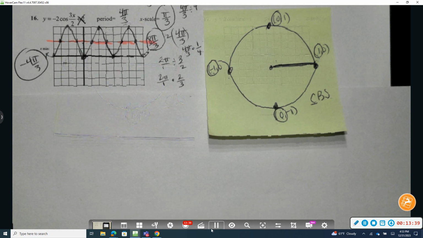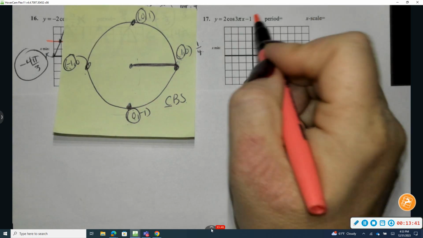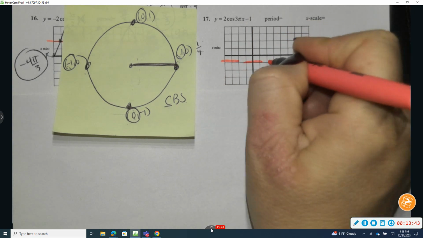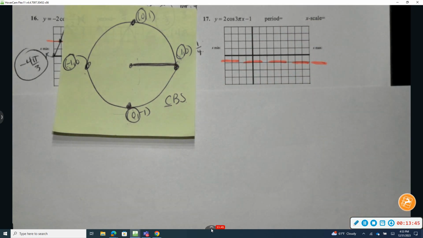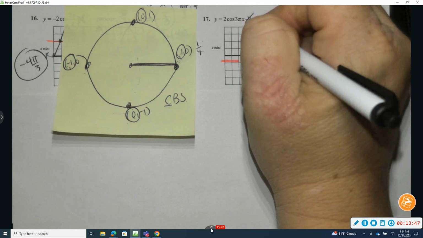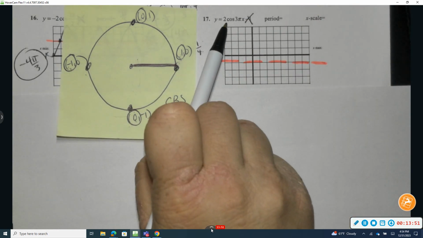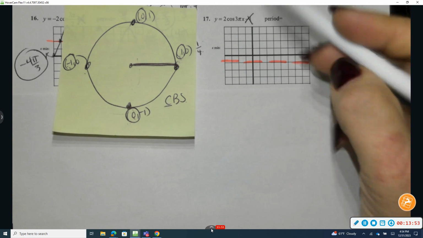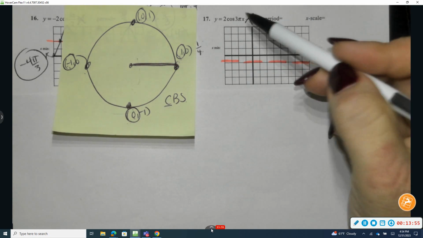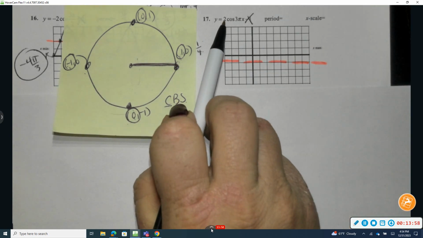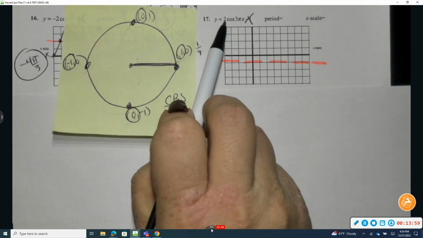For problem 17, again, I'm going to start by recognizing I have a vertical shift of down 1. I'm going to come back up here and cross it out. Okay, so the number in front of the function, 2, tells me that this function is going to be stretched by a vertical factor of 2. So 1 times 2 is 2.